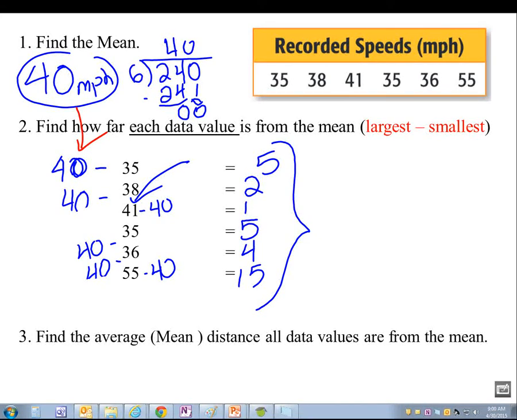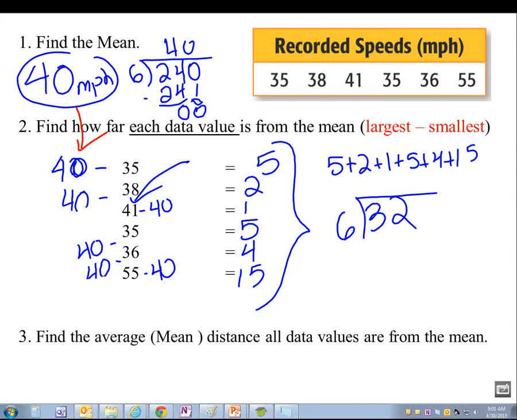We're going to add those numbers up and divide them by 6. 5 plus 2 plus 1 plus 5 plus 4 plus 15. And we're going to get 32. Then we're going to divide that by 6, as Maddie just said. We're going to get a fraction on this, so don't be scared off, but you're fully capable.